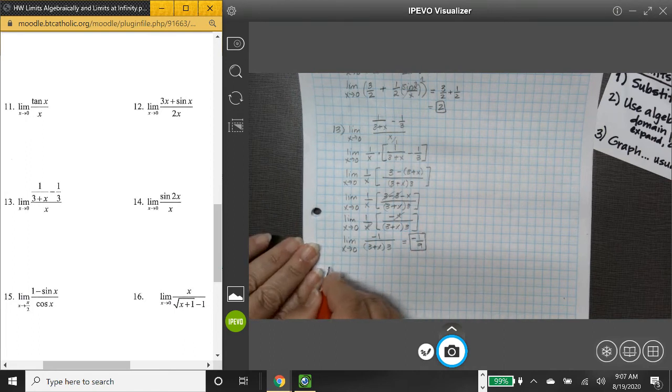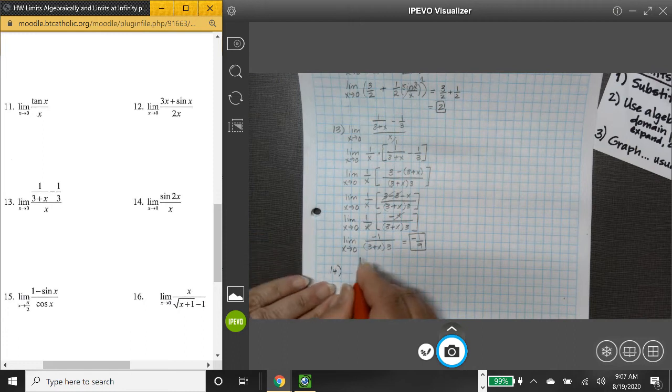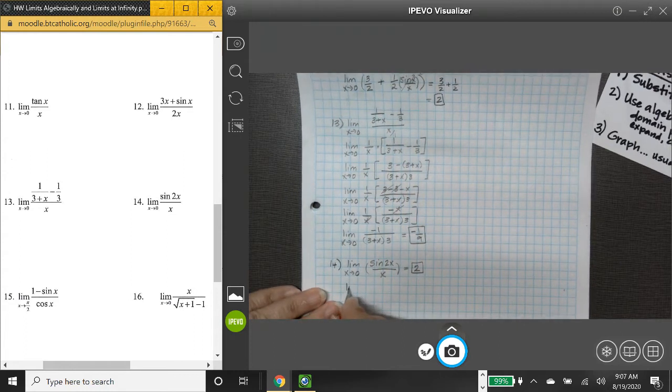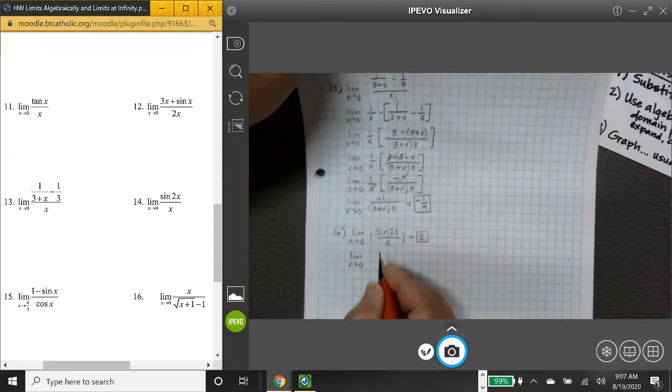All right, number 14. The limit as x approaches 0 of sine of 2x over x. Now we did this in the notes, and I hope you guys all realize that this is just 2. But if you didn't, we could use the identity for the double angle of sine.